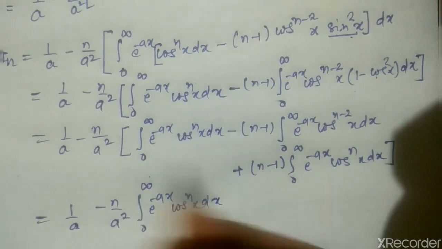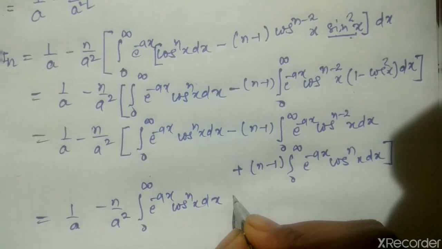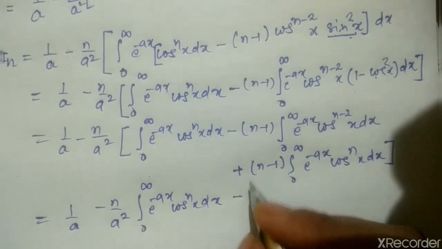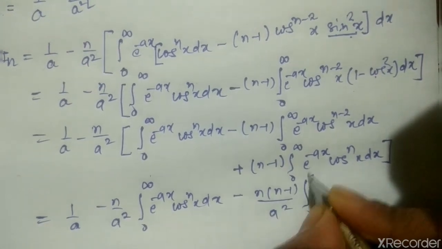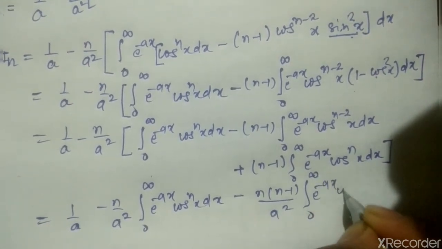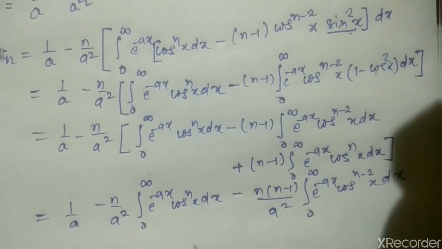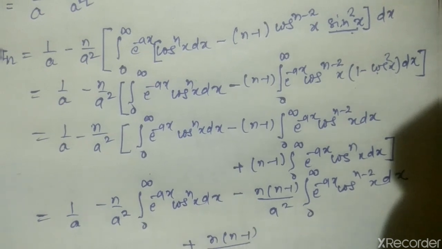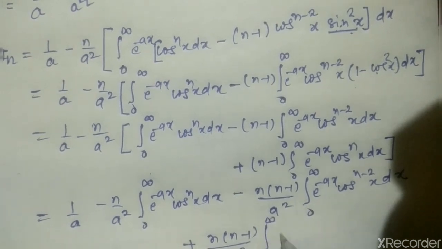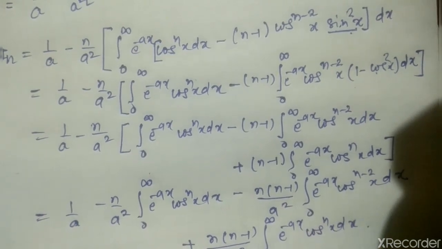And now multiplying this value here, what we get is minus n into n minus 1 divided by a square, integral from 0 to infinity e to the power minus ax cos n minus 2x dx, and then we have the value plus n into n minus 1, fine, divided by a square, integral from 0 to infinity e to the power minus ax cos nx dx, fine.